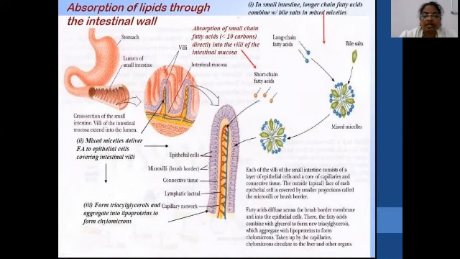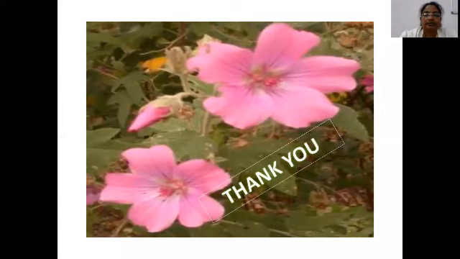The fatty acids diffuse across the brush border membrane and into the epithelial cells. There the fatty acids combine with glycerol to form new triacylglycerols, which aggregate with lipoproteins forming chylomicrons. Taken up by the capillaries, chylomicrons circulate to the liver and other organs. Thank you.